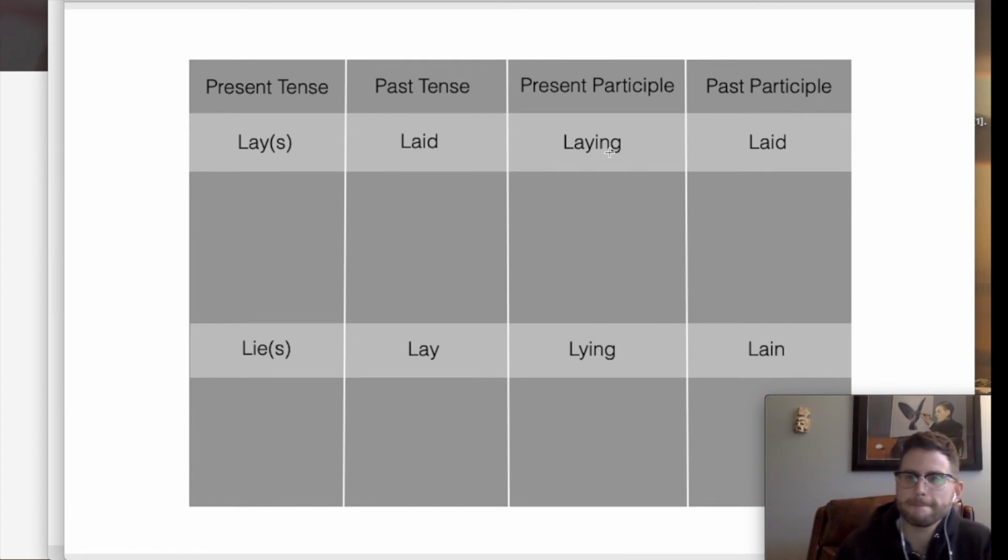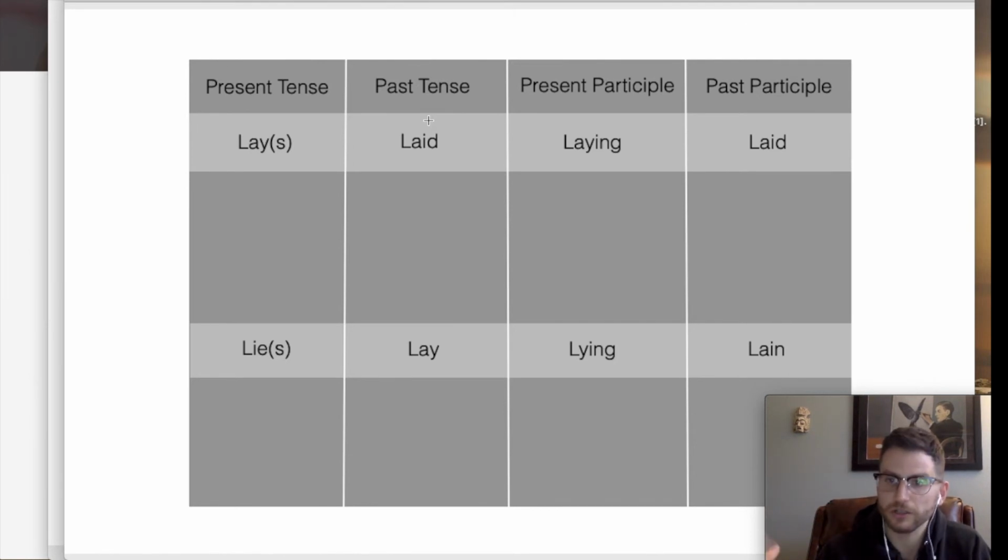And remember, if I'm using laying, it's still going to attach directly to its object. And I'm going to show you that Katy Perry lyric in a second where she messes up the present participle. And then the past participle is laid. It looks exactly like the past tense. Very often the past participle and the past tense of the verb look exactly the same.